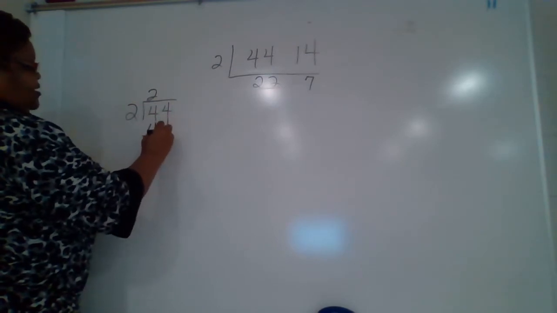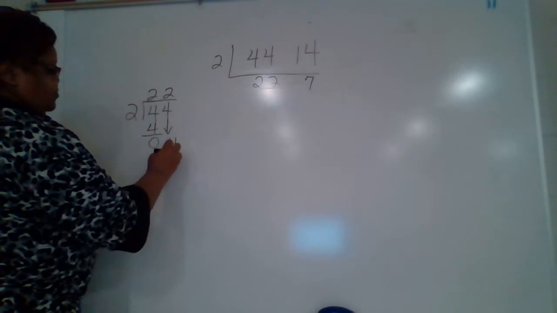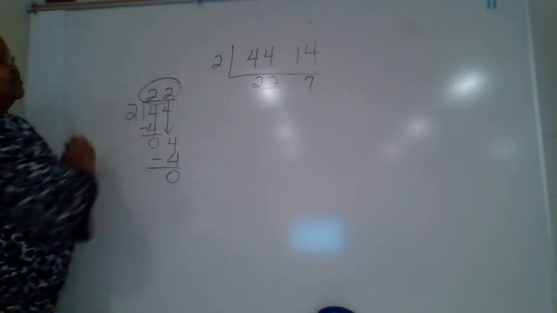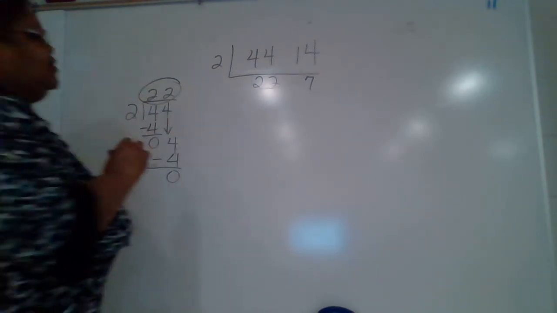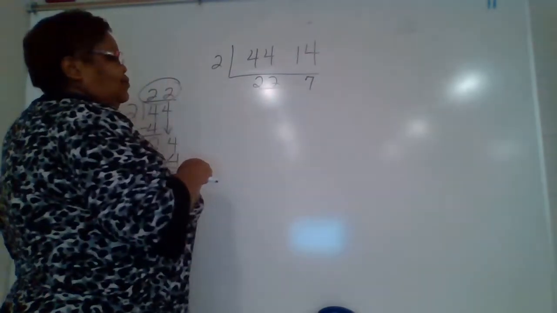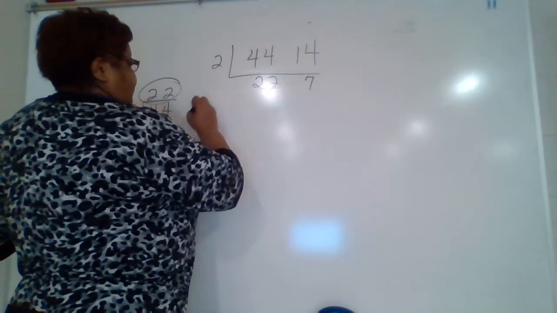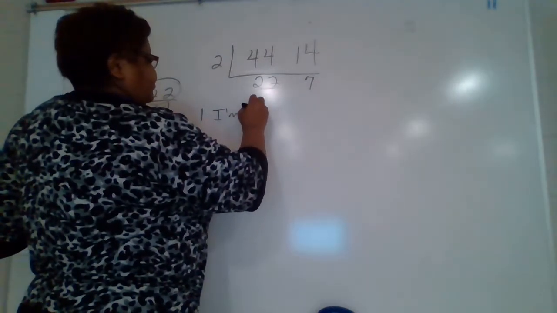Bring this one down. 2 goes into 4 2 times. 2 times 2 is 4. Subtract again, 0. So that's how I get that one. Nothing wrong with that. Now I'm at 22 and 7. What goes into both of those? 1. So if it's 1, I'm done.